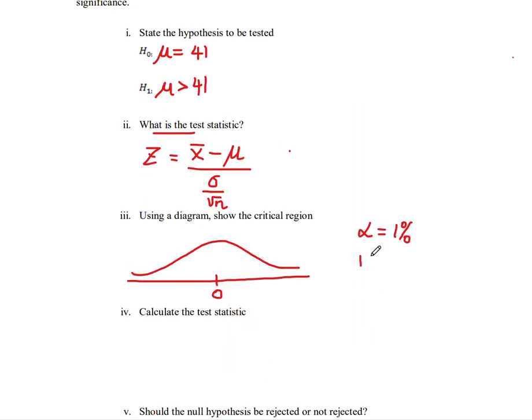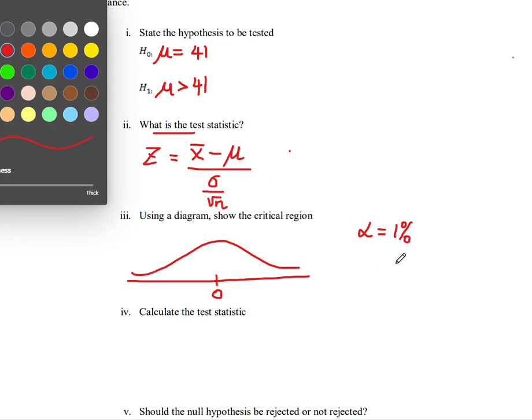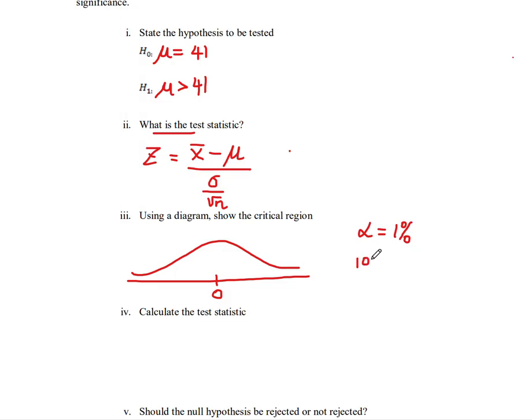Once you're working with a one-tail test, you just subtract the level of significance, alpha, from 100%, because 100% represents the whole. So 100% minus 1% gives us 99%. Yes, 99%. And then we convert that to a decimal form, which would be 0.99.